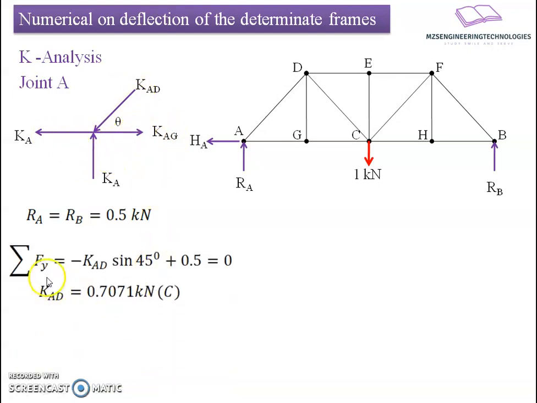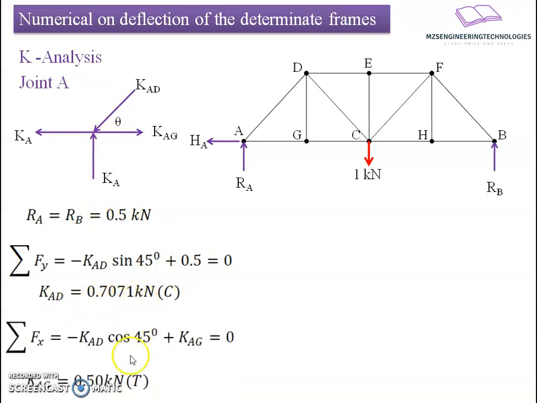If I apply summation of forces in y direction, we get minus KAD sine of 45 degree, the vertical component, plus 0.5 reactive force. It results into KAD equals 0.7071 kilonewton compressive in nature. If I apply summation of forces in x direction, we get minus KAD cos of 45, the horizontal component, plus KAG equals 0, resulting into KAG equals 0.50 kilonewton tension in nature.